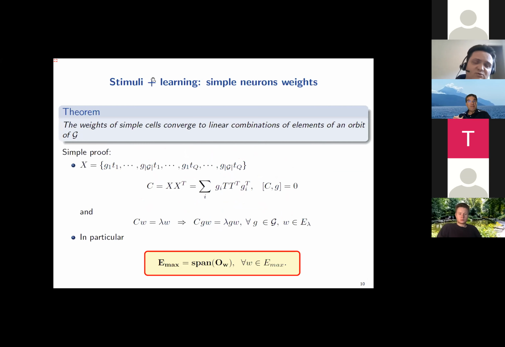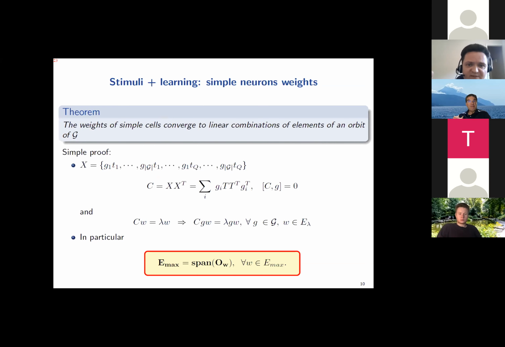Okay, so let's draw some consequences from the hypothesis. From the hypothesis of the stimuli plus the hypothesis of learning, I can immediately deduce which type of weights my simple neurons are going to converge to. So we can prove, it's quite simple, that the weights of simple cells converge to a linear combination of elements of an orbit of G. Okay, so you pick up the first eigenspace of your covariance matrix, which is the one to which the weights are going to converge by Oja's rule.